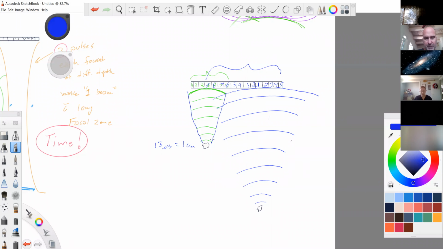Let's make it 39. At 39 microseconds, that is equal to 3 centimeters. It knows most of those echoes are going to spread out that much.